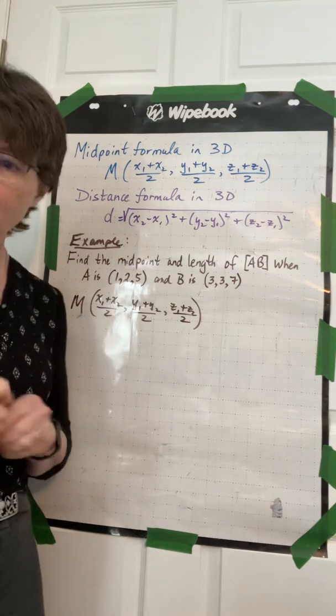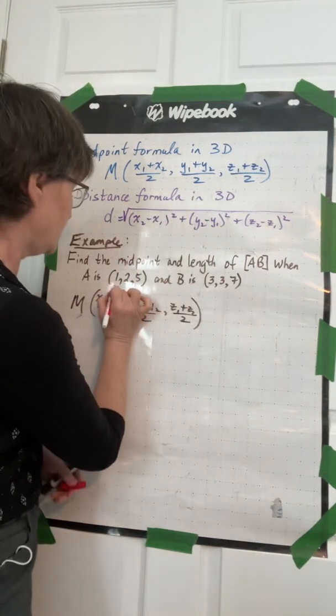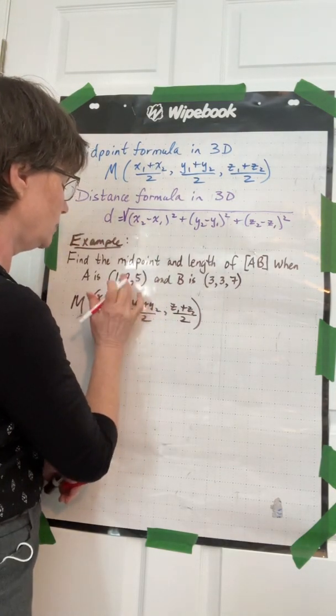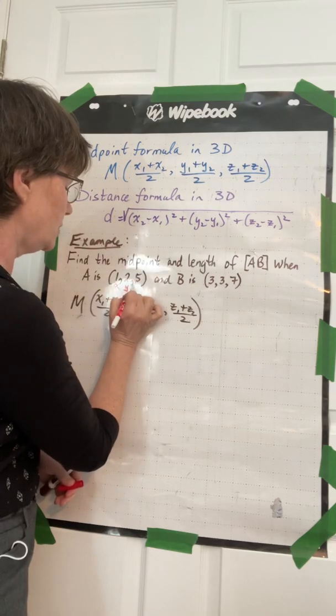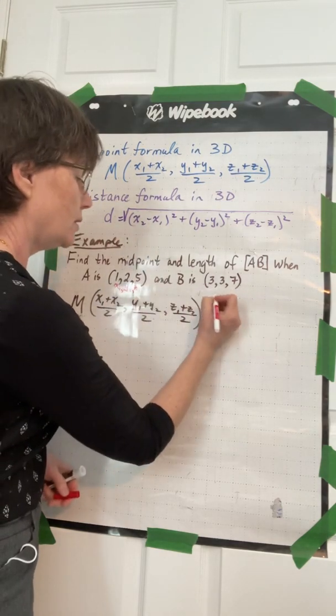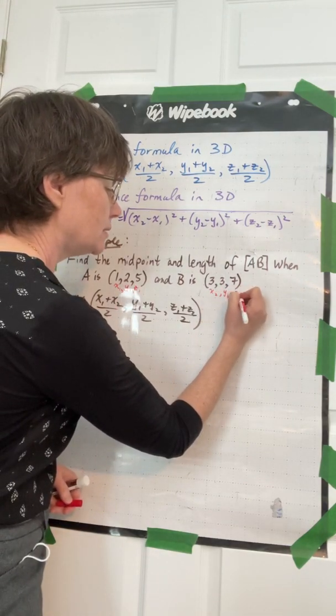All right, so let's call this first point A. Let's call this x1, y1, z1. The second coordinate is the y coordinate. And we'll call this one over here x2, y2, z2.